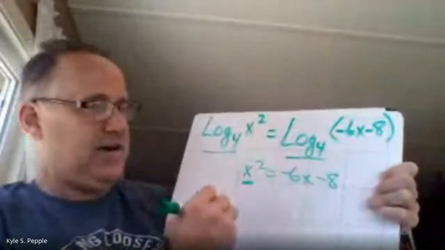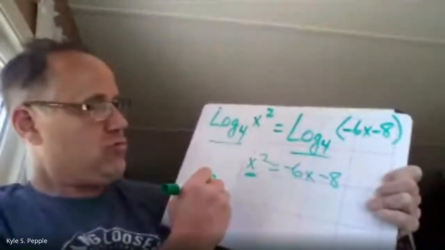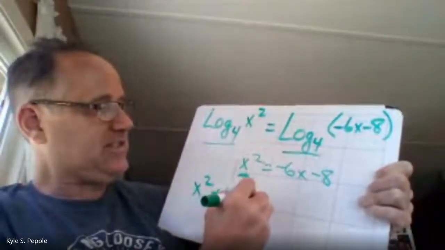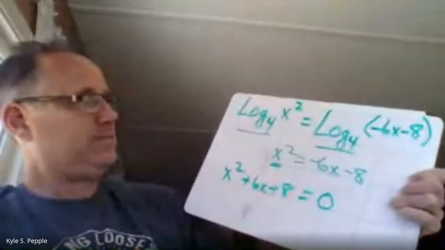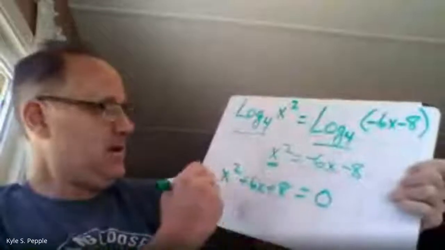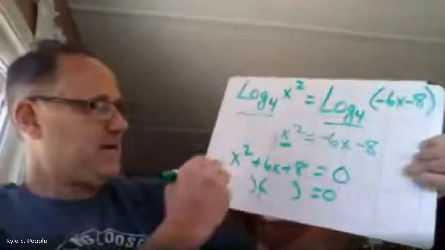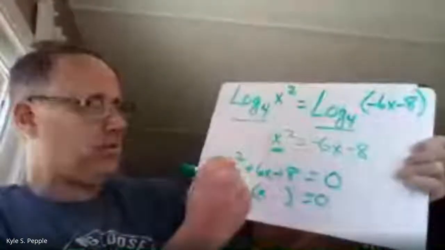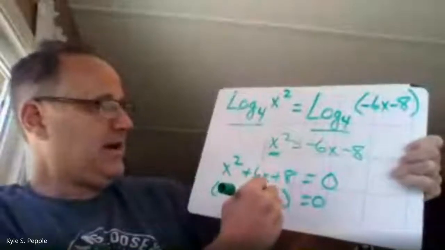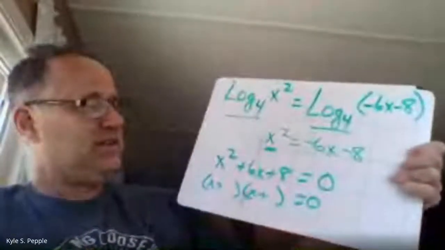x squared plus 6x plus 8 equals 0. Okay, we're going to factor this. x plus, when both of those are plus, my operations are going to be plus and plus.